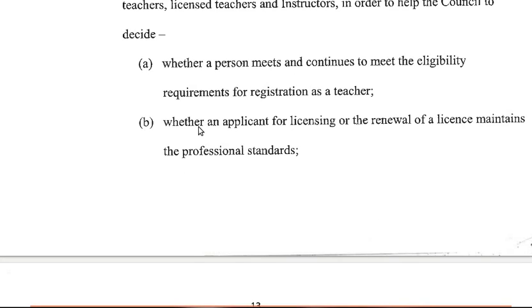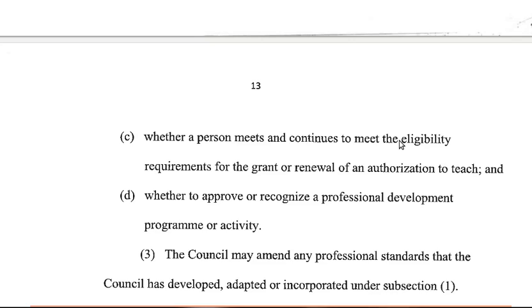That's A. And B. whether an applicant for licensing or the renewal of a license maintains the professional standards.